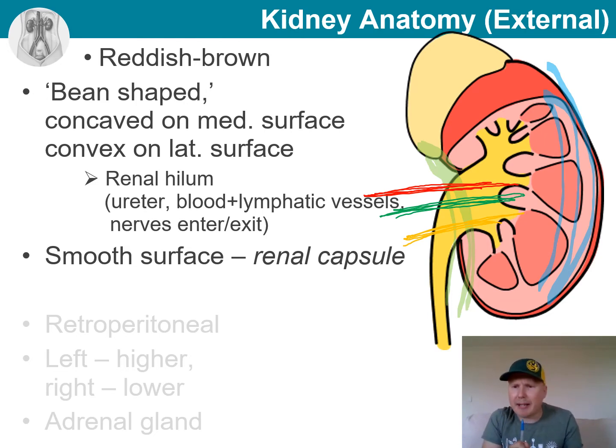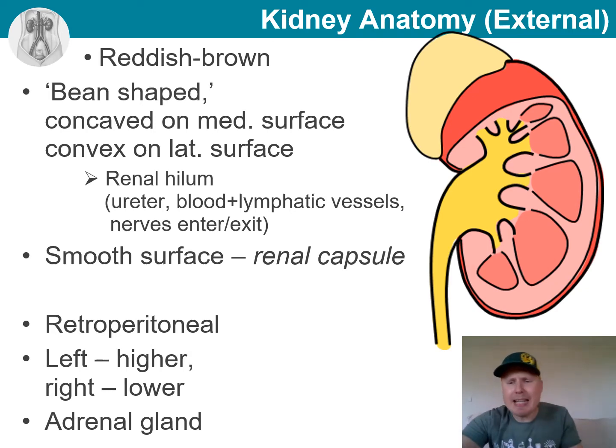One final point that I want to make is that the kidneys appear on a gross anatomy level to have a smooth surface. This is because they are enclosed in a fibrous renal capsule. And the kidneys are anchored to the peritoneum and abdominal wall by fascia.